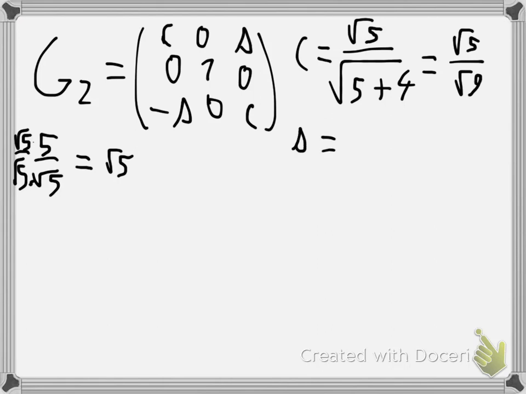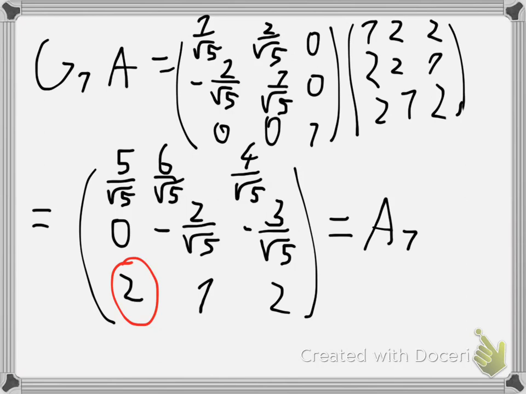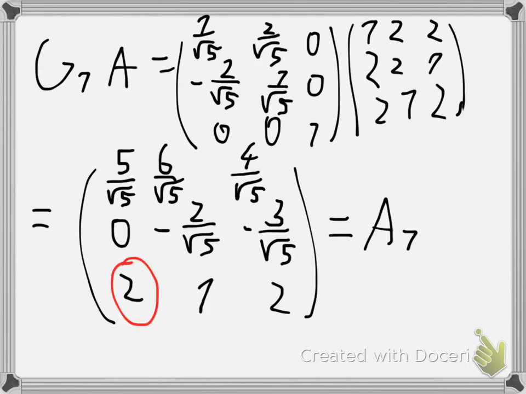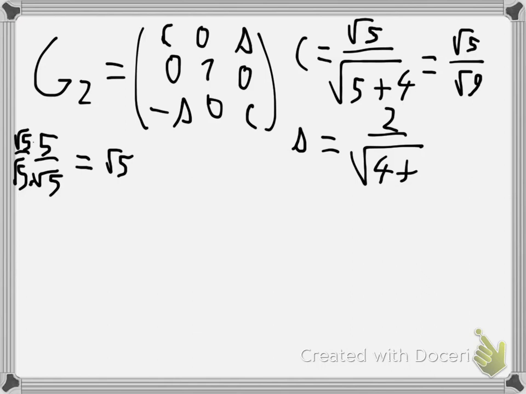And our sine will be the element we want to eliminate over the square root of that element squared and the top element squared, so 5, so we'll get 2 over square root of 9.